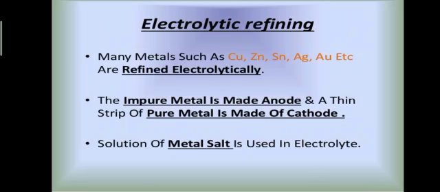Many metals such as copper, zinc, tin, silver, gold, etc. are refined electrolytically. The impure metal is made the anode and a thin strip of pure metal is made the cathode. A solution of the metal salt is used as the electrolyte.